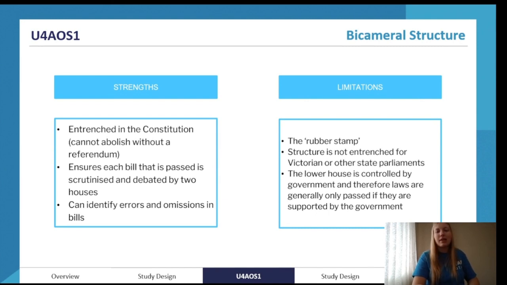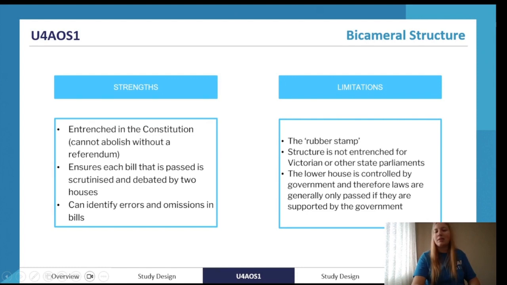It also ensures that each bill that is passed is scrutinized and debated by the 2 houses, making sure that we have a process for reviewing our laws before they are passed, not just one house that can just pass laws through because it's what they want to do for whatever interest that they have. This also enables us, the aspect of reviewing laws, to identify errors and omissions in bills and make amendments or changes to issues that have come up with laws.